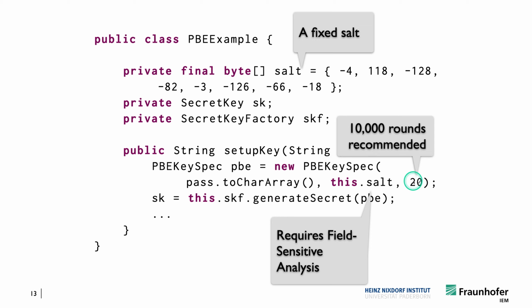Then also, like I told you, this is actually the number of rounds that is specified. And like I told you, this should normally be above 10,000. And here the programmers only chose 20, which is better than 1, but it's certainly not sufficient. So we want to have a static analyzer that can identify such constants as well.